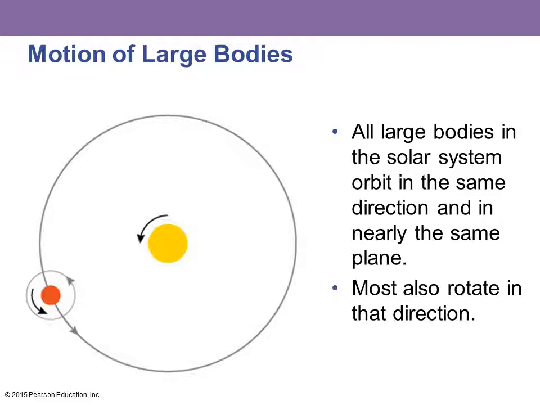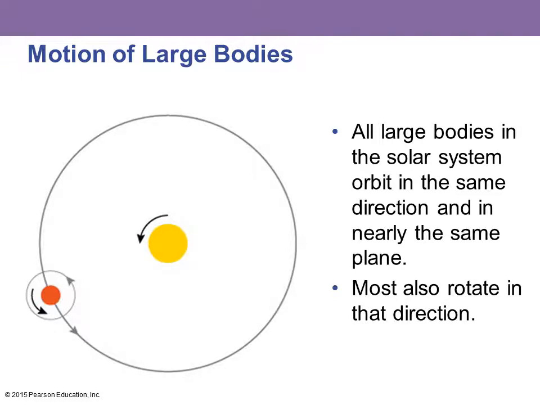All large bodies in this solar system orbit in the same direction and pretty much in the same plane. They most also rotate in the same direction. So we basically have a rule of motion here in our solar system, that from that blob of gas, there was a counterclockwise motion, not only of orbiting bodies, but also rotating bodies.